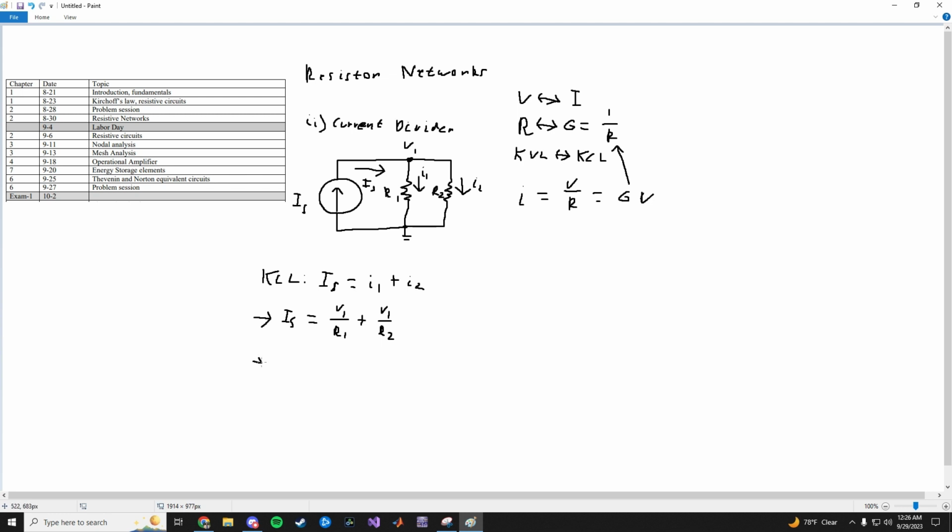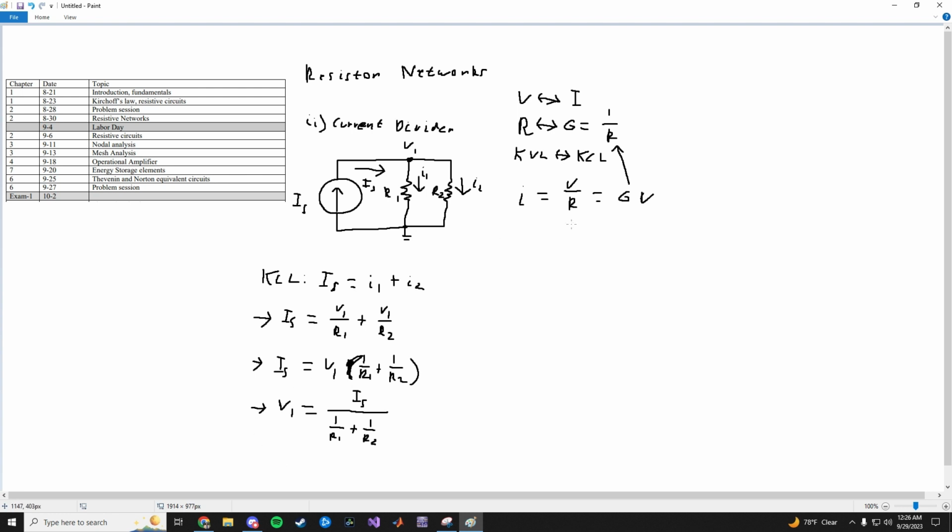Then you can factor out the V1. IS is equal to V1, all multiplied by 1 over R1 plus 1 over R2. So now you solve for V1, and we get V1 equals IS divided by 1 over R1 plus 1 over R2.